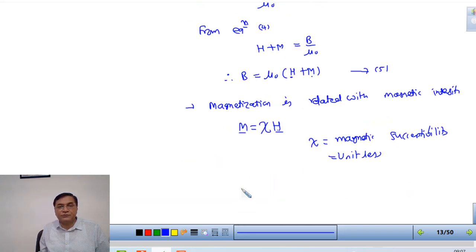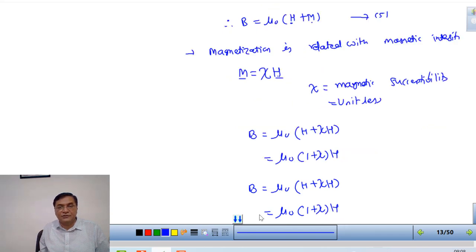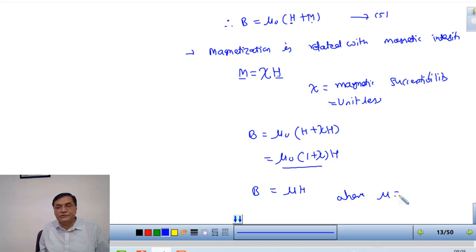So from equation 5 what can you write? B is equal to μ0 H plus chi H. So we get μ0 times (1 plus chi) into H. This whole quantity is called μ H. So where μ is equal to μ0 (1 plus chi).